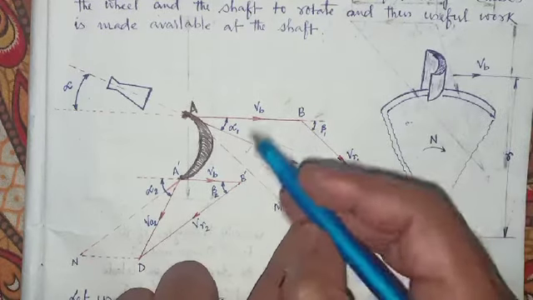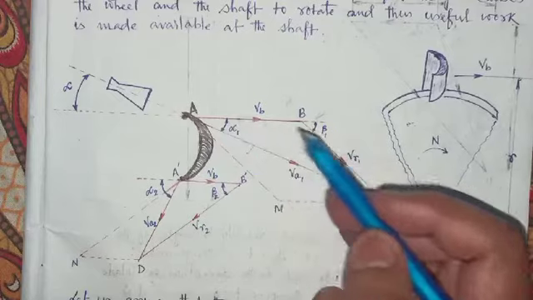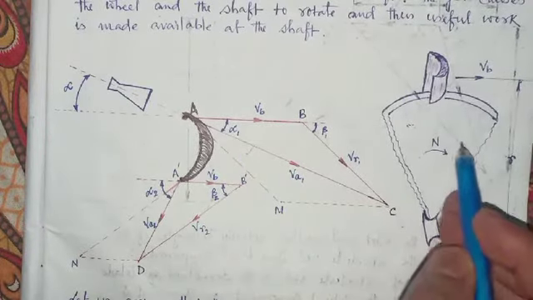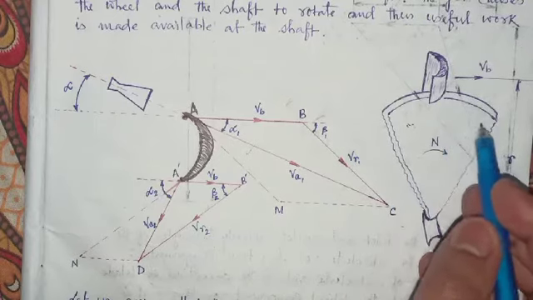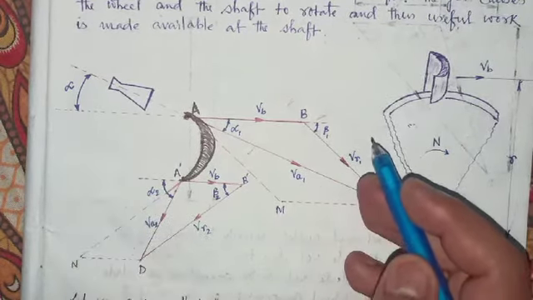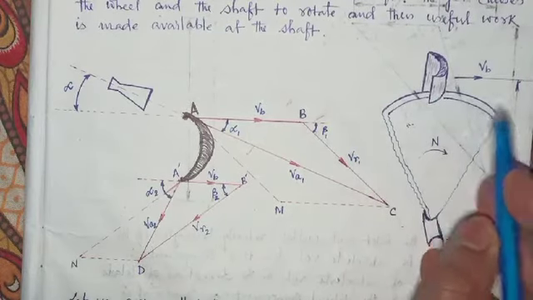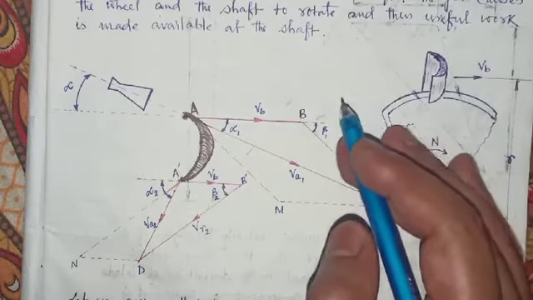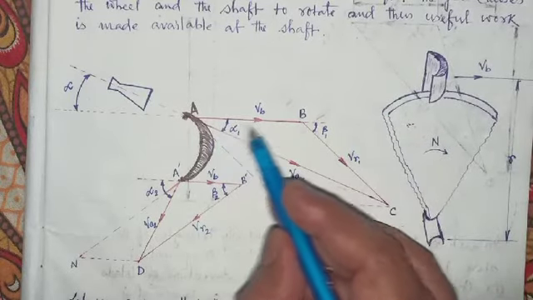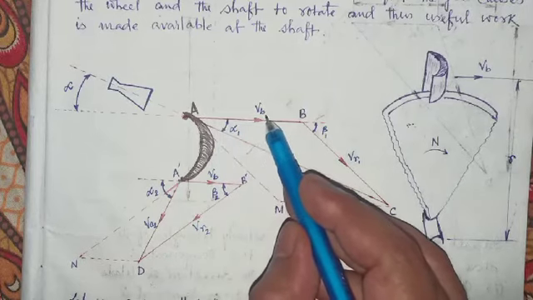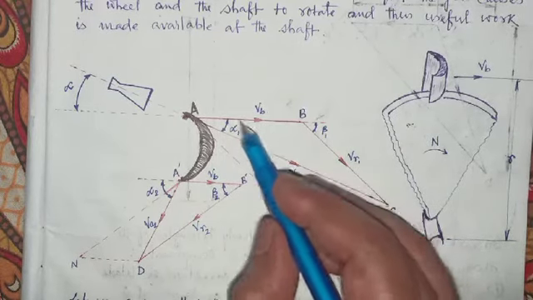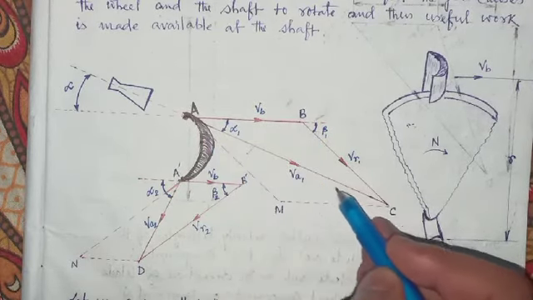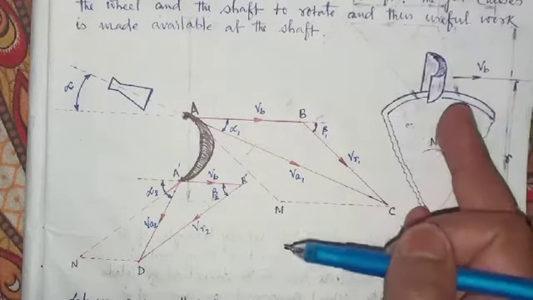Obviously the bucket will tend to move in this direction, clockwise, since the jet strikes from the left-hand side. In this direction the velocity of the blade or bucket is expressed, and this is the absolute velocity of the jet.